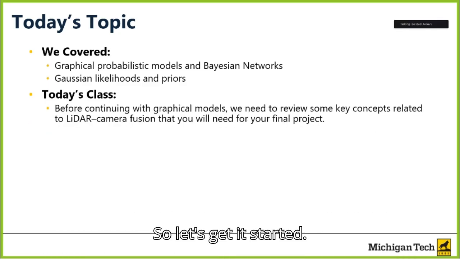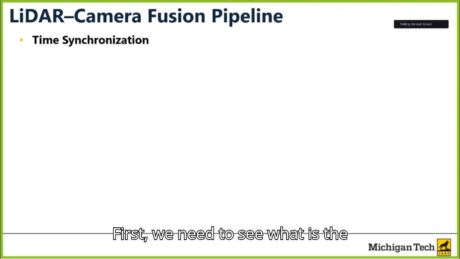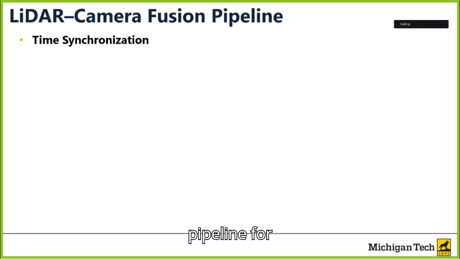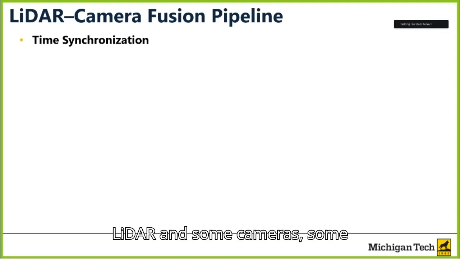So let's get started. First, we need to see what the pipeline for LiDAR camera fusion is. You have some data that comes from LiDAR and some videos from cameras.